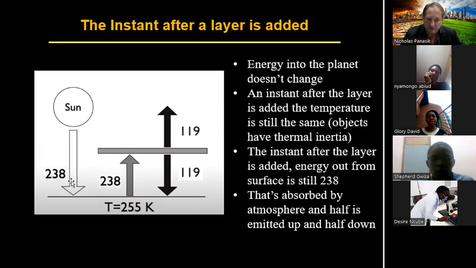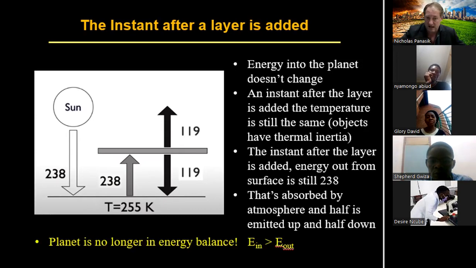How much is the sun giving us? That's 238, right? How much is going off into space? 119. So we're getting more energy in than we're pumping out into space in this case, the instant after the layer is added. So the planet is no longer in energy balance.